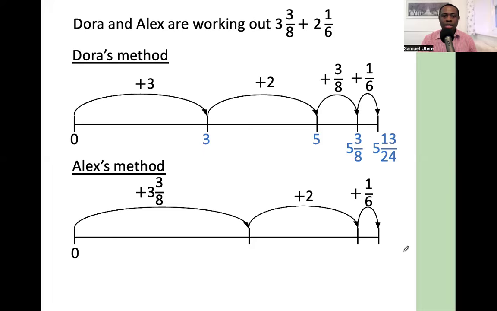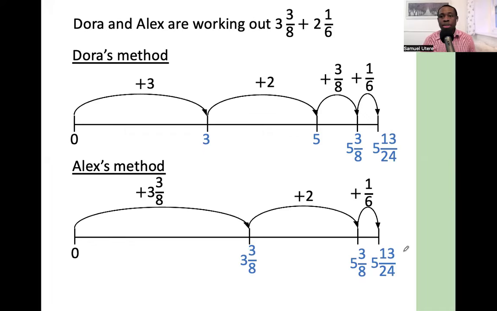Now, here is Alex's method. Alex first added 3/8 to 2, which will give Alex 5 3/8, and then later on added 1/6. Of course, remember, Alex is still going to have to find the common denominator and would get the same answer. My question to you is, which method do you prefer?